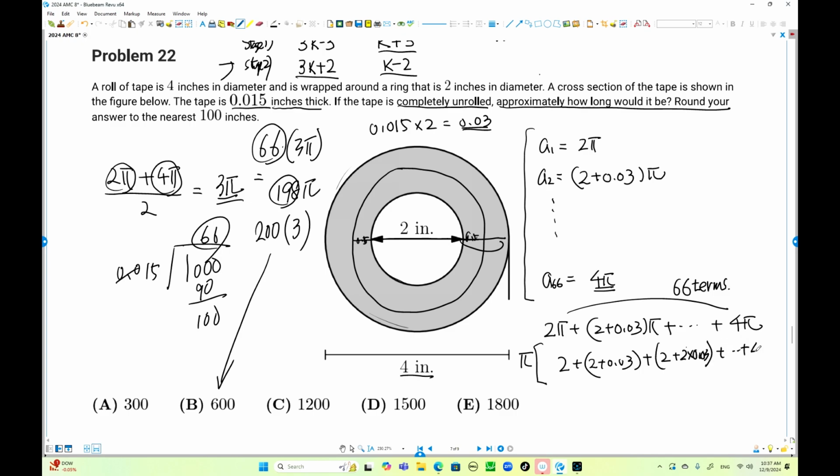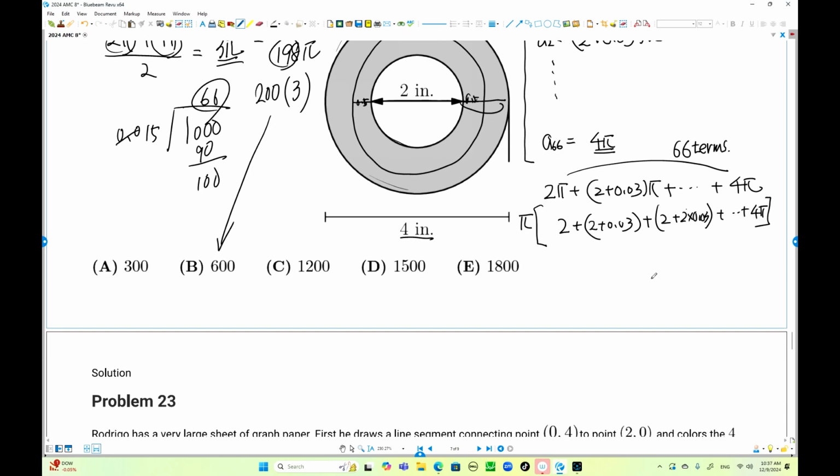The last term is still 4 pi. First term is 2. Common difference is 0.03. And the number of terms is 66. The last term is 4, with pi factored out.